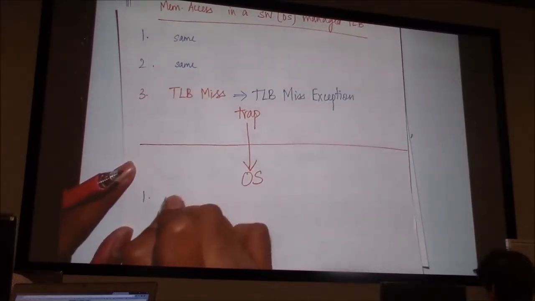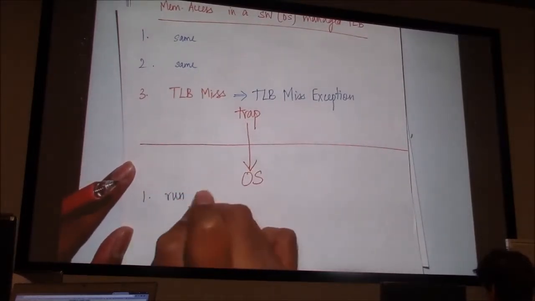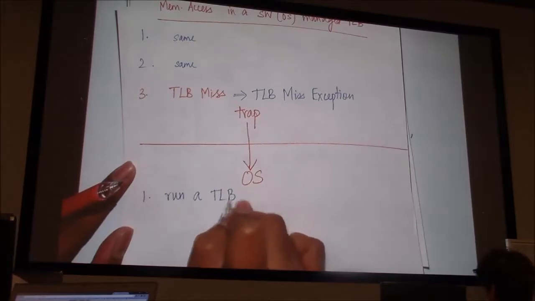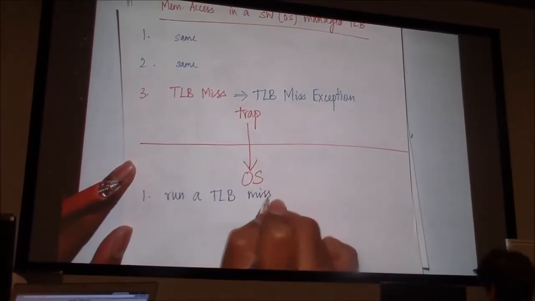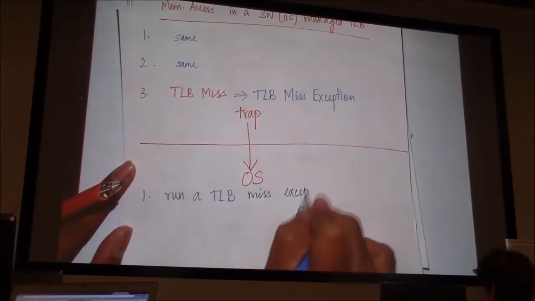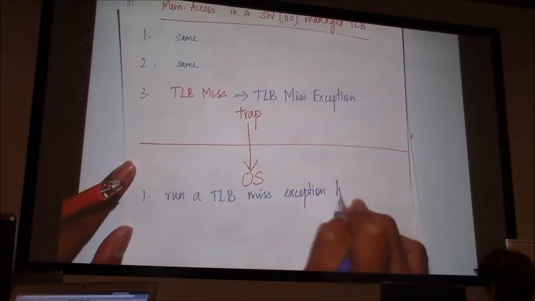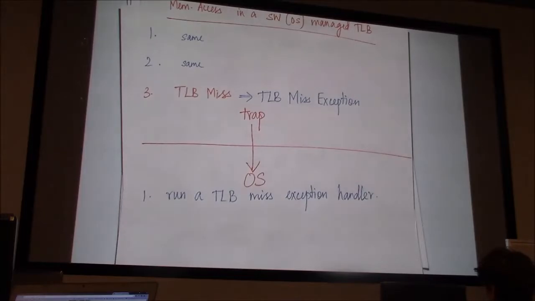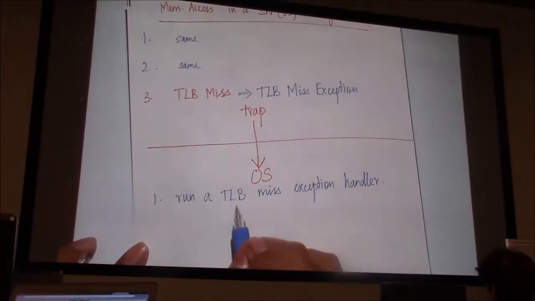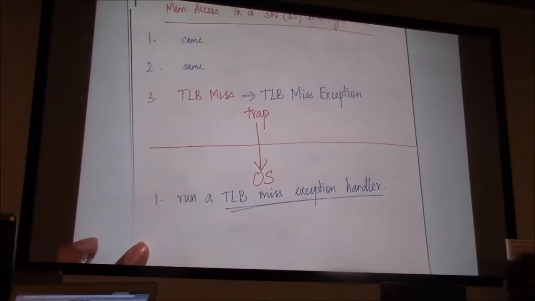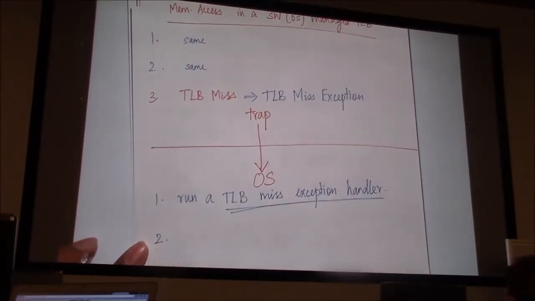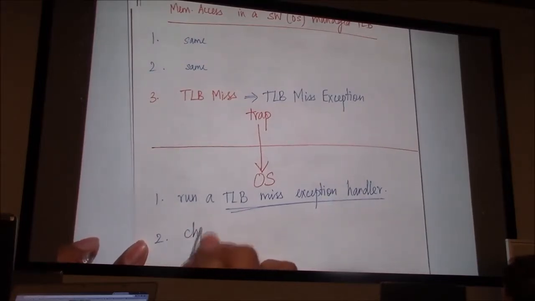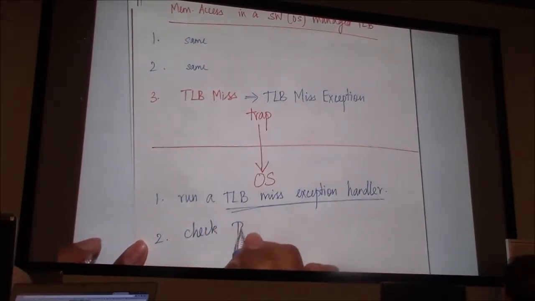The operating system needs to run the TLB miss exception handler, the code that handles this. What is going to happen in the TLB miss exception handler is that it's just going to check the page table.